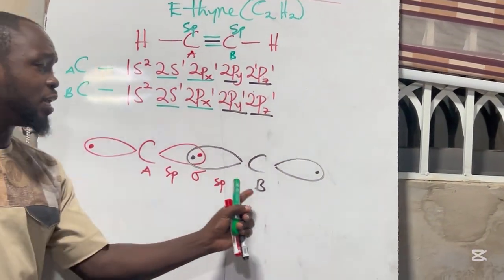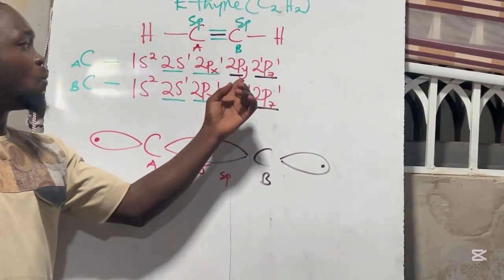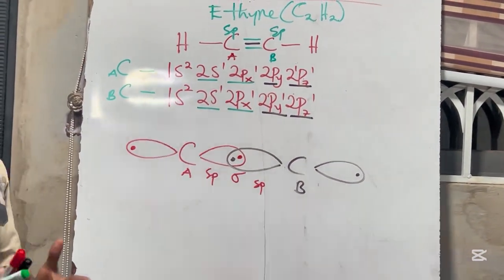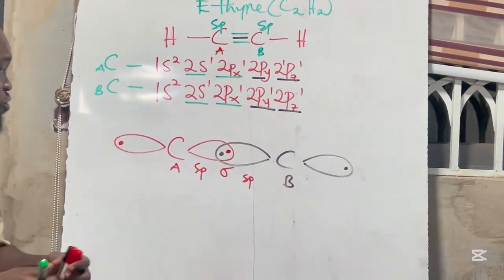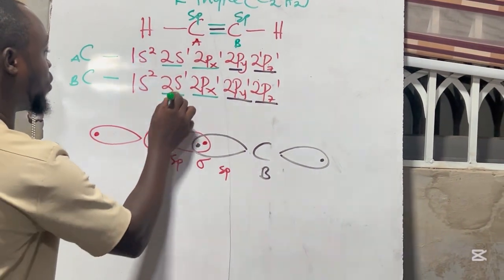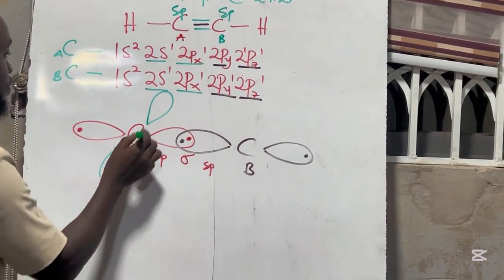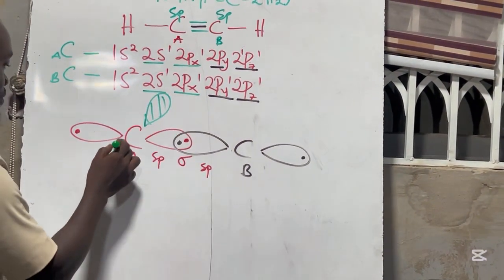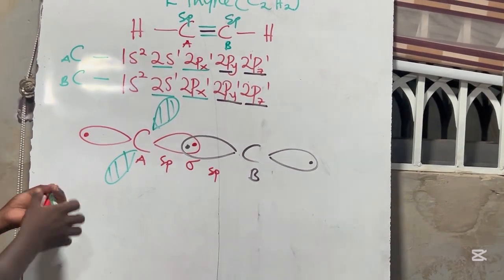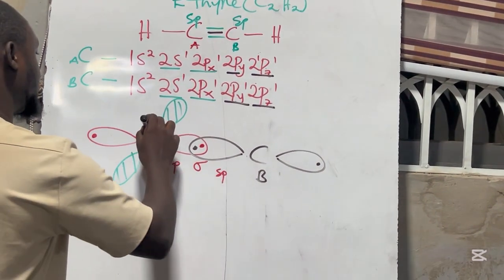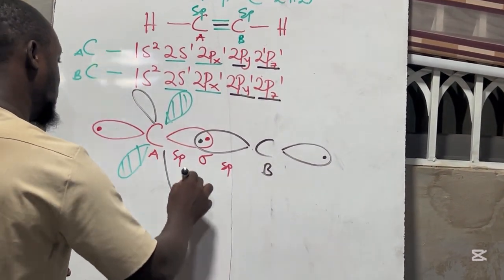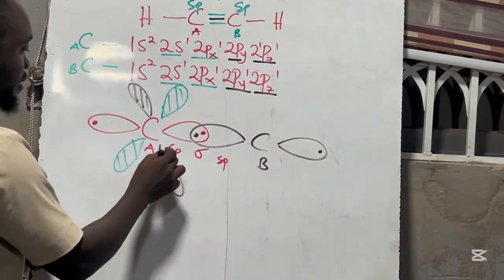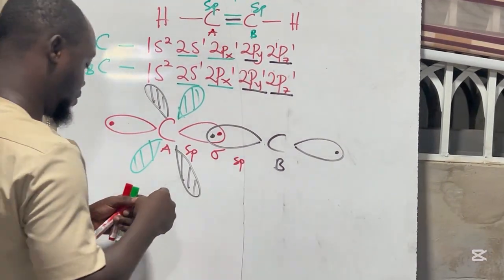In both A and B, the py and pz were not part of the mixing. So we are going to illustrate them over here. And then I'm also going to illustrate the other one here as well.